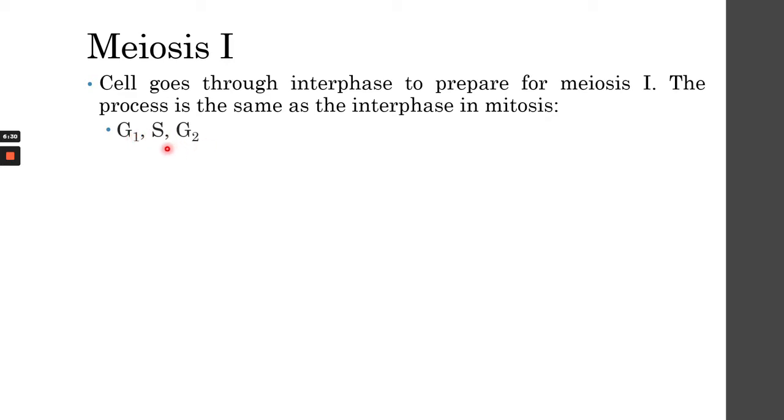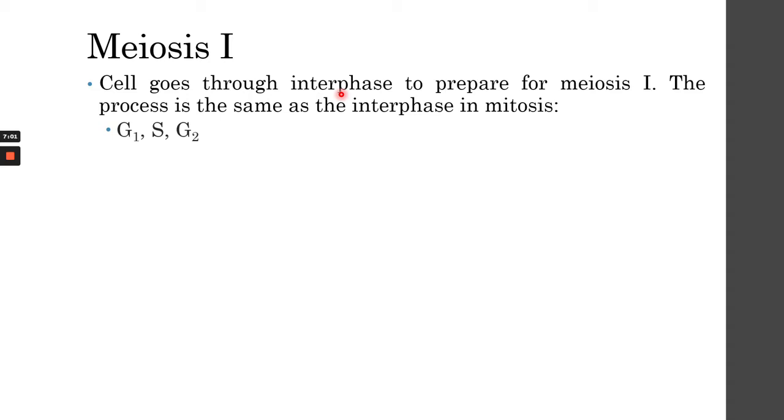In S phase, the DNA inside the nucleus is synthesized or duplicated. That's the same thing that happens before the sex cells enter meiosis 1. It's a stage of preparation for meiosis 1. So the interphase for sex cells is not different from the interphase in the mitotic cells that we've discussed previously.